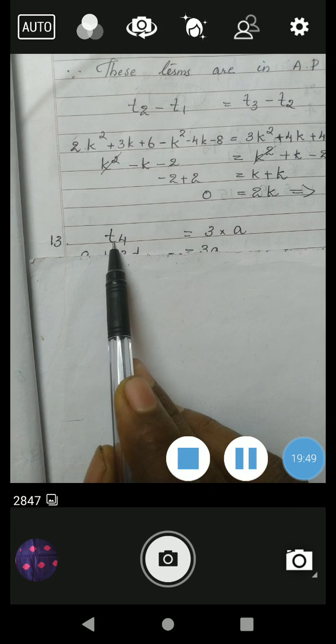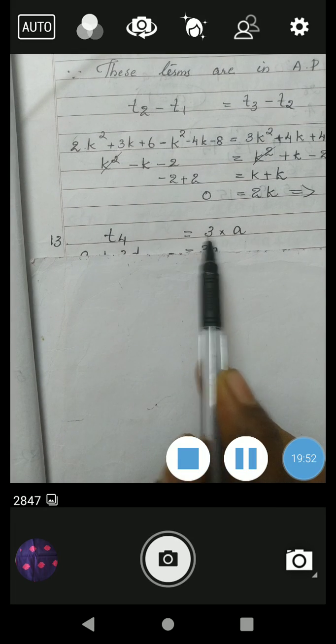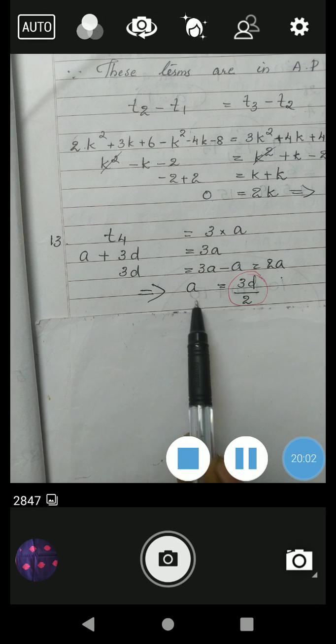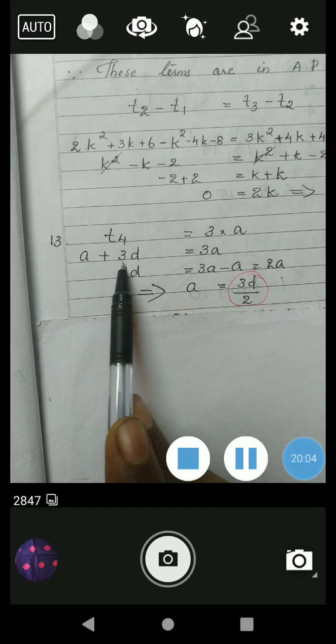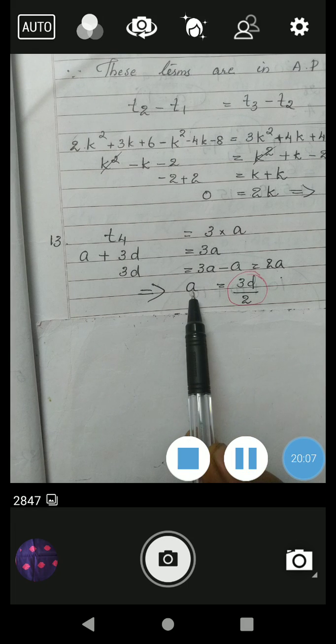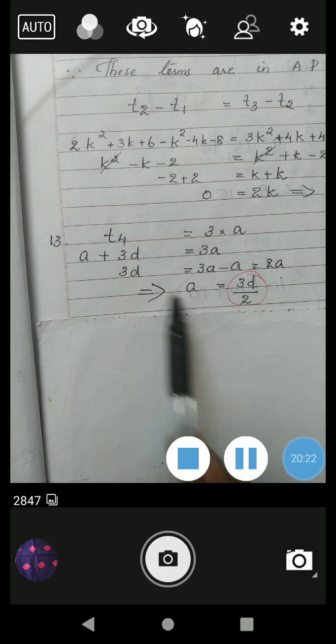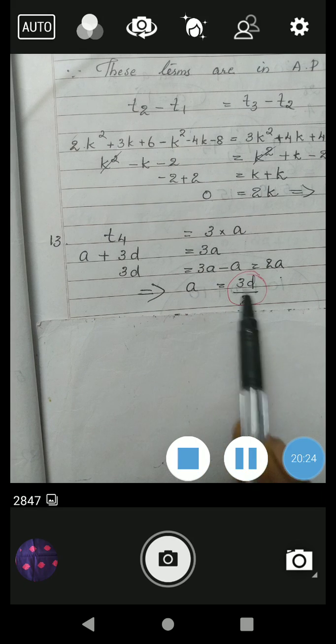So T4 is 3 times the first term A. T4 is A plus 3D, that is 3A. So simplify, transpose this 3D to the other side, you will get 2A equal to 3D, that is A is equal to 3D by 2.